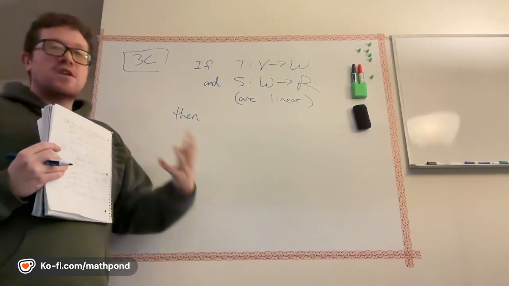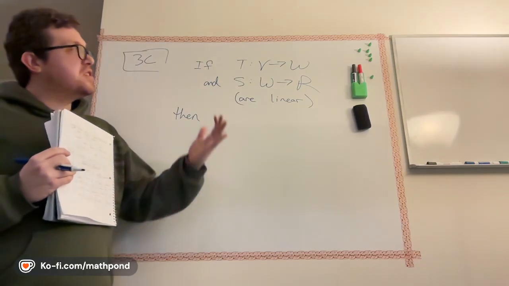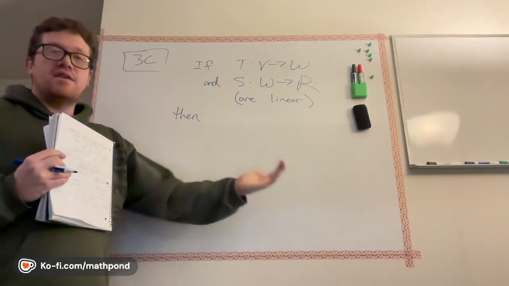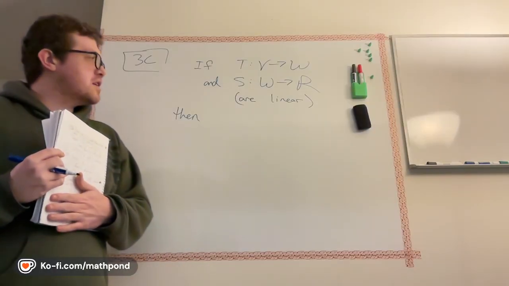But what is the matrix of the composition in terms of the matrices of the individual T and S? And that's where your multiplication of matrices comes into play.